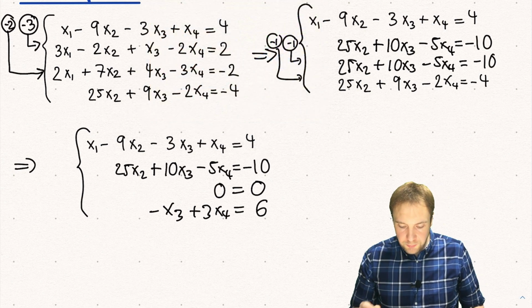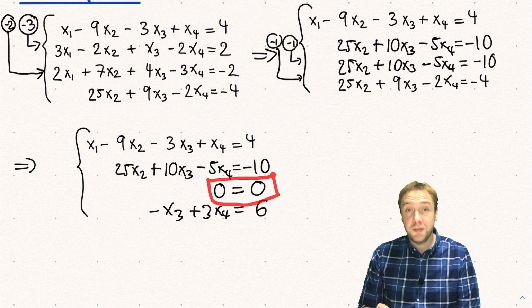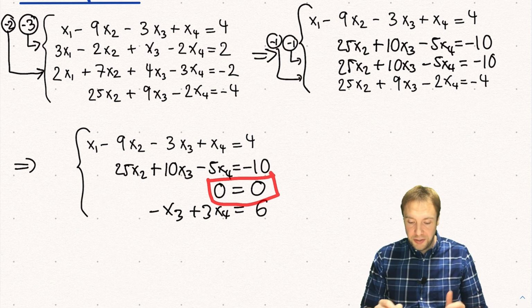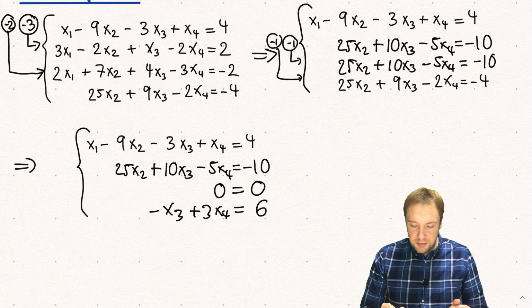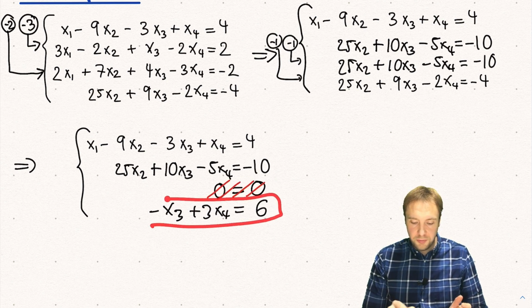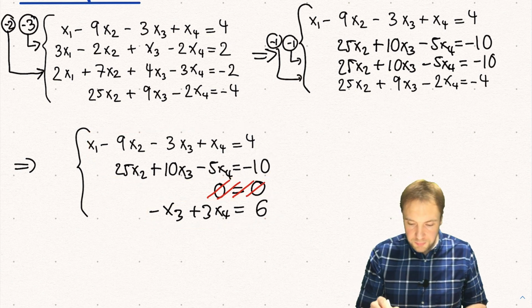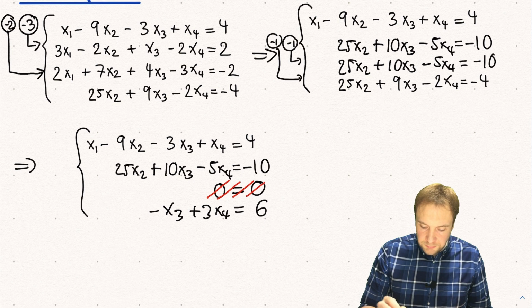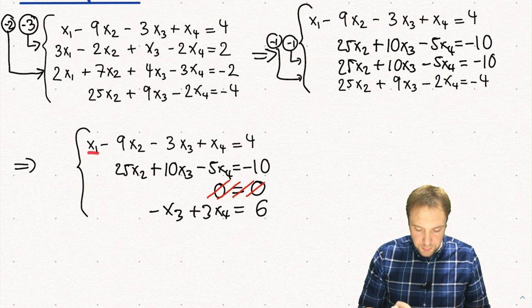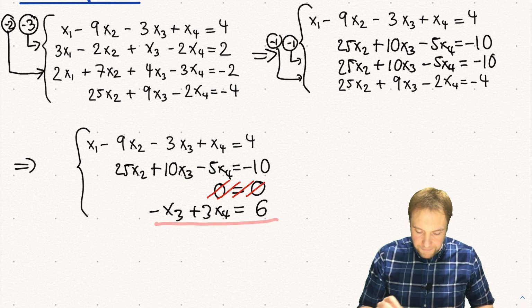And now what we see here is we have this really uninteresting equation, because this doesn't contain any information. So this equation we can now forget in the following and really just focus on these three equations with 4 variables. So now we have an x1 here, an x2 here, and an x3 here.